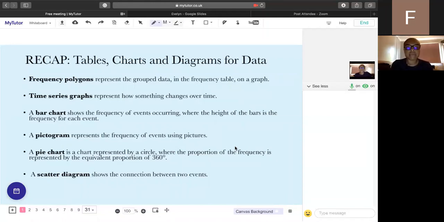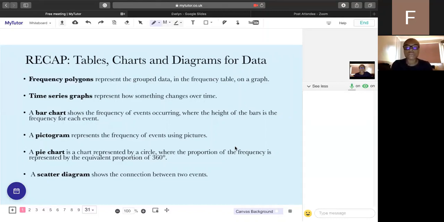We also looked at bar charts, which show the frequency of events occurring, and the height of the bars represents the frequency of each event. We looked at pictograms, which represent frequency of events using pictures, and pie charts, which is a chart represented by a circle.